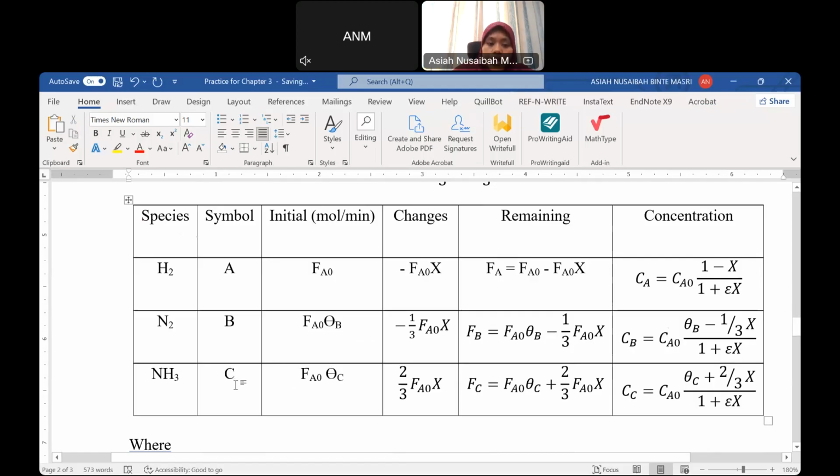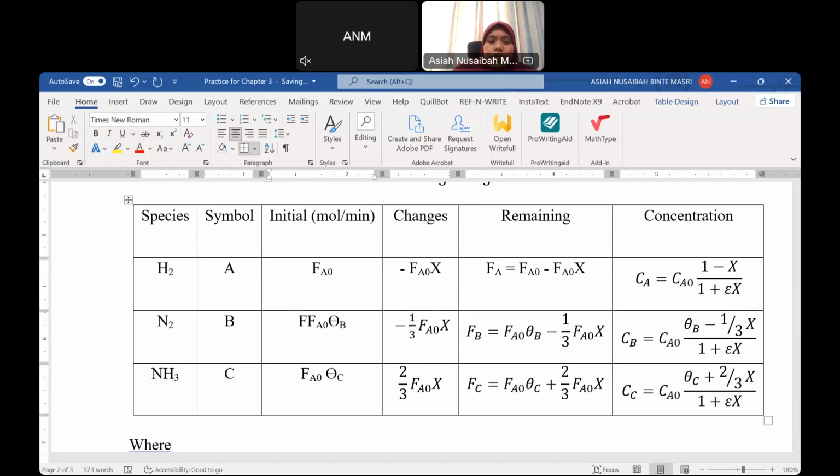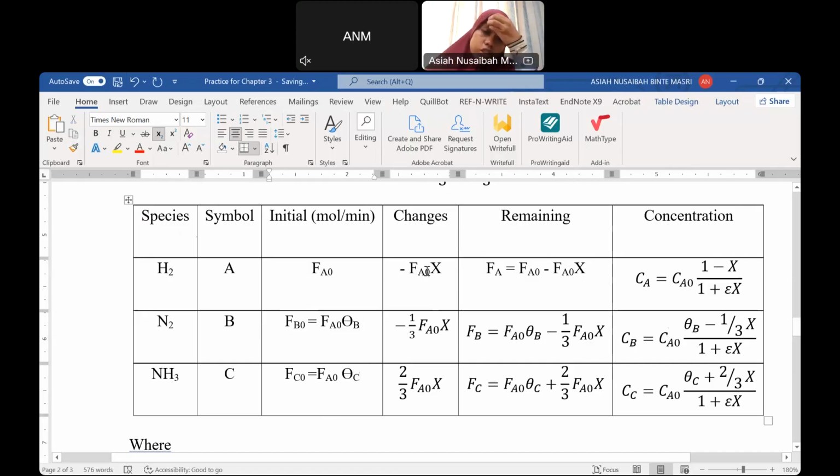For FC naught, FC naught is equal to FA naught theta C. So this one is theta B, this one is theta C. How about the changes?